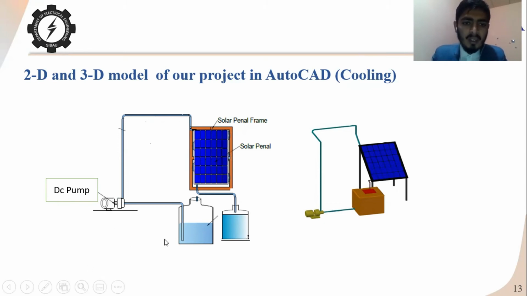The DC pump will suck this water and spray it over the surface of the panel, and the water which is used for cooling the panel will flow through the drainage system and come here into the tank. And this is the 3D model of our project's cooling system.